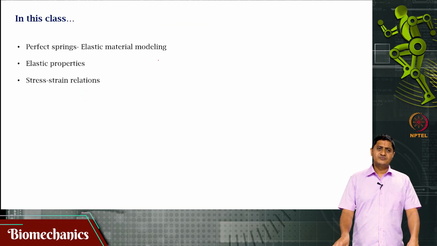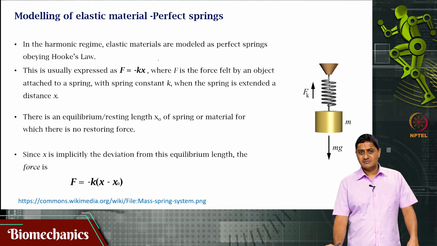In this video, we will be looking at perfect springs or ideal springs and how you would model elastic materials, elastic properties of biological materials and stress strain relations. So, if you have an elastic material, you model them as a perfect spring that obeys Hooke's law.